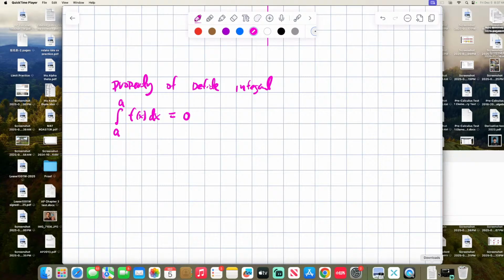We went from 2 to 2, so there's nothing underneath. That's very easy to understand, and it doesn't require a lot of high-level mathematics.